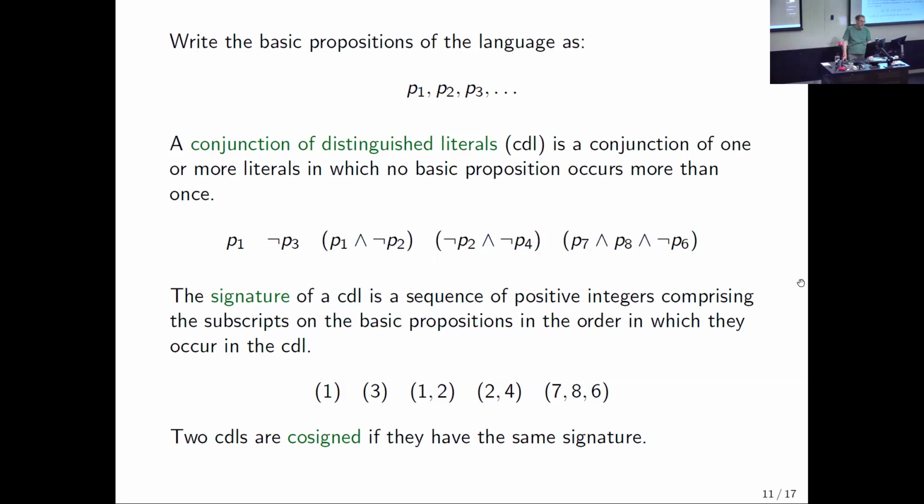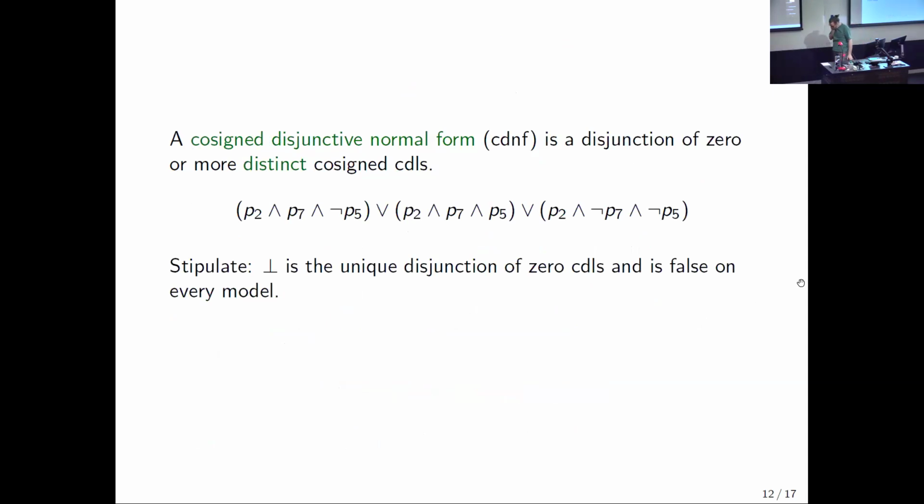Okay, so the kind of formula that I want to talk about is what I call a cosigned disjunctive normal form. So it's disjunctive normal form where the disjuncts are these things that were on the previous slide, these conjunctions of distinguished literals, and they all have the same signature.